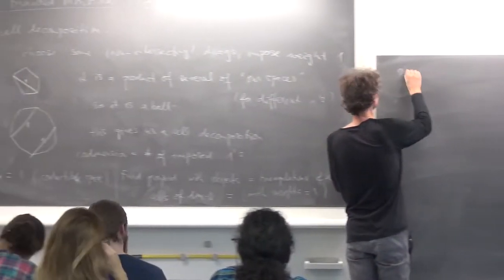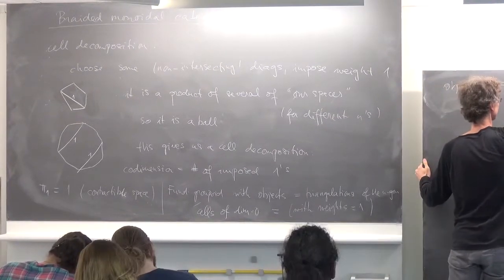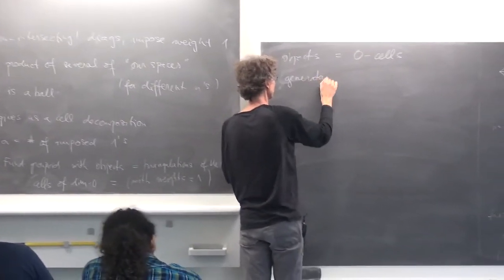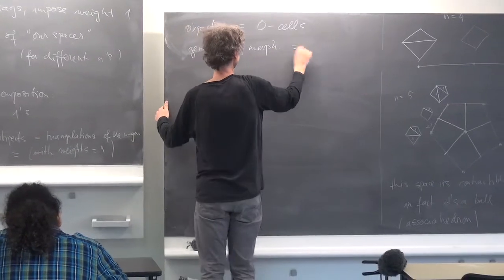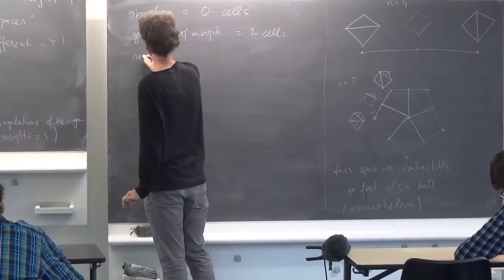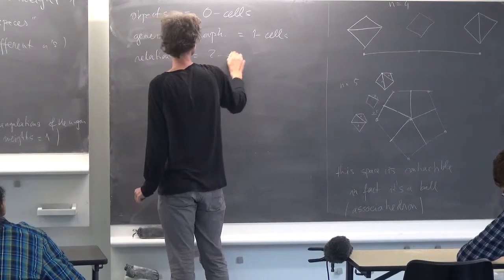Okay, so objects, 0 cells. Now generators of morphisms are those one-dimensional cells, and relations are two-dimensional cells.